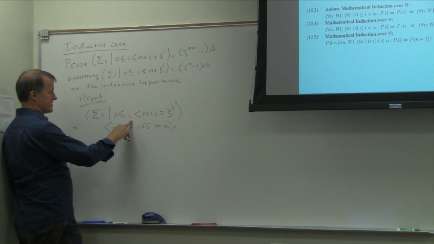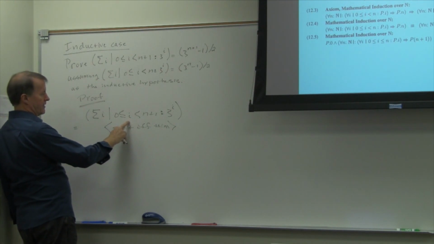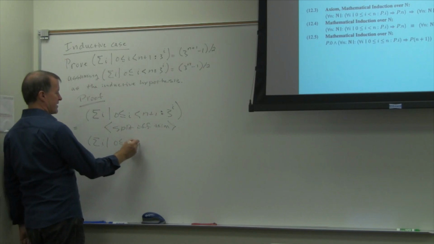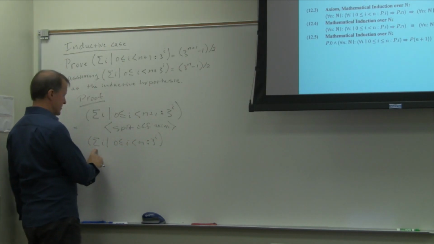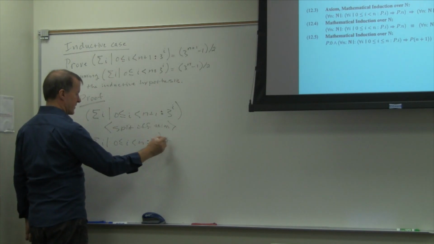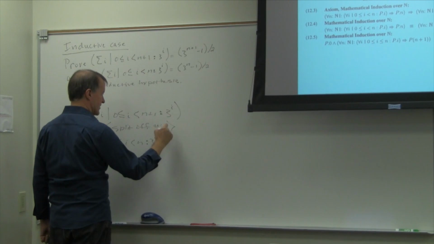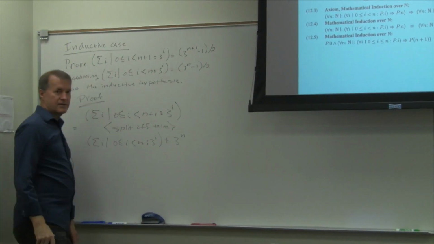So what's the last value of i here? n. So this will be the sum on i, 0 less than or equal to i less than n, body 3 to the i, and what's the operation? Plus, because of the sigma. 3 to the n. And the last one was n, so 3 to the i makes that 3 to the n. Is everybody good?